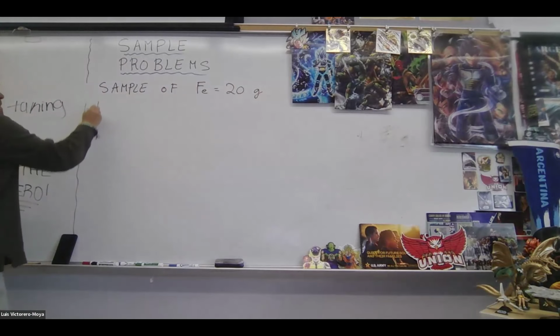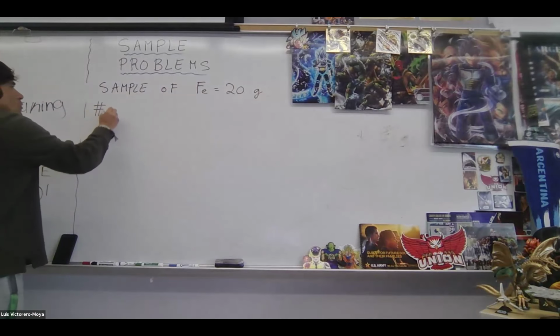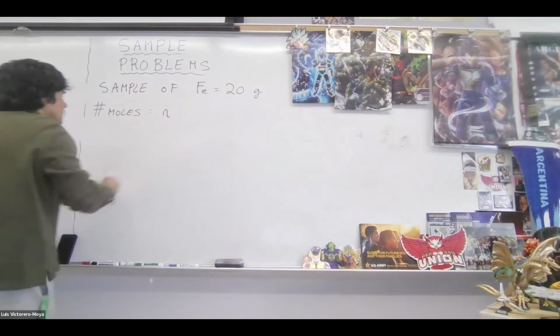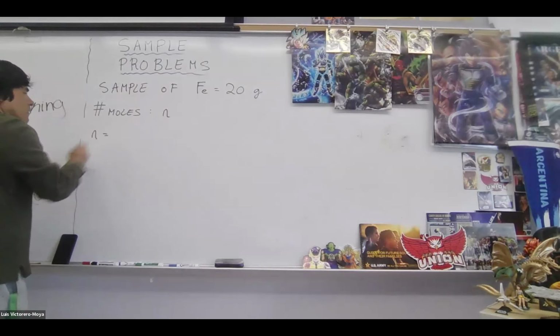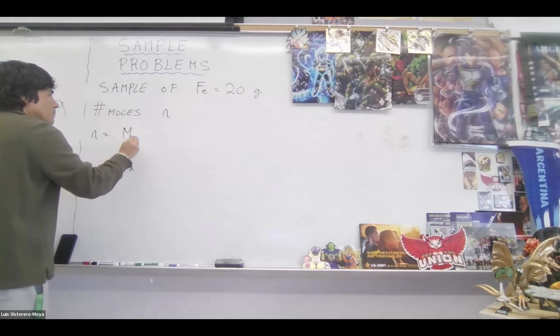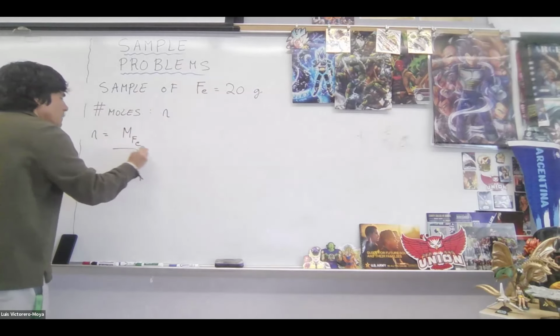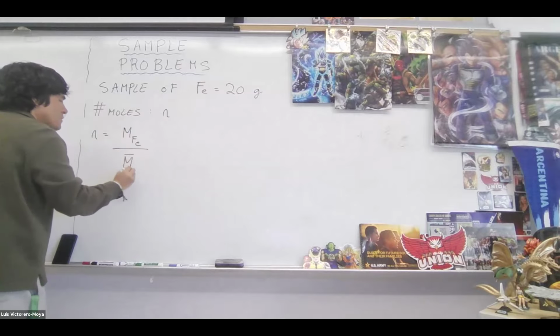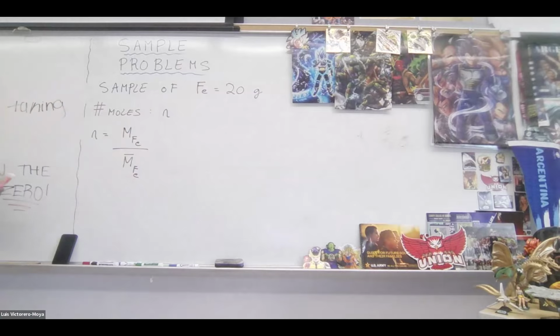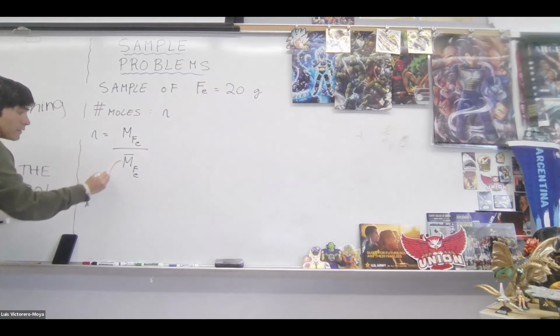Let's find the number of moles, which we label N. N is the mass of iron divided by the molar mass of iron. That's the molar mass or atomic mass, if you don't know chemistry, right?